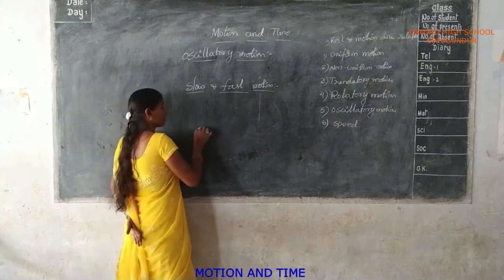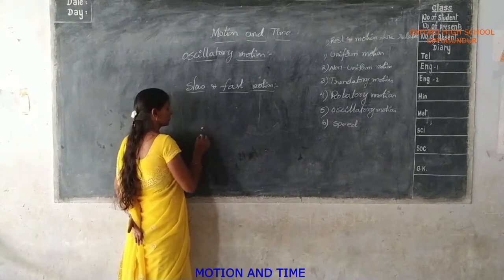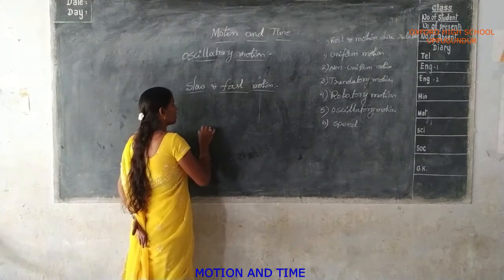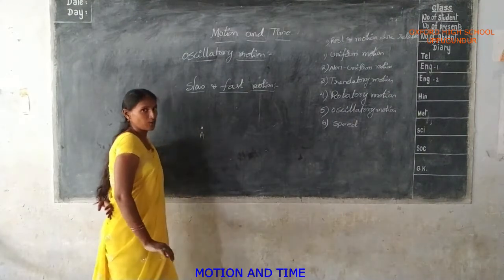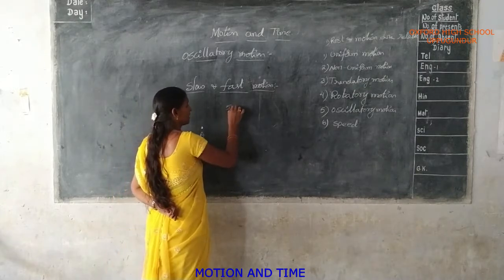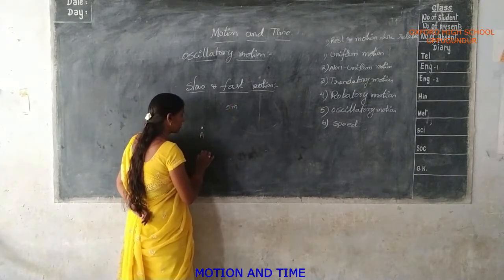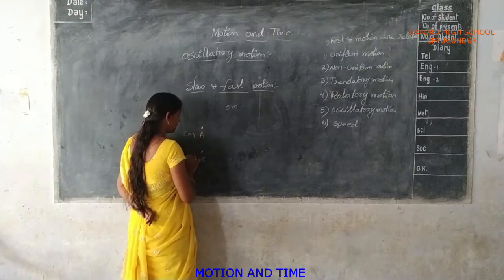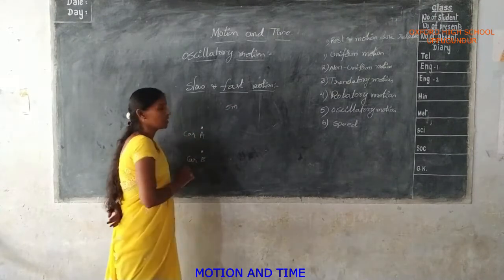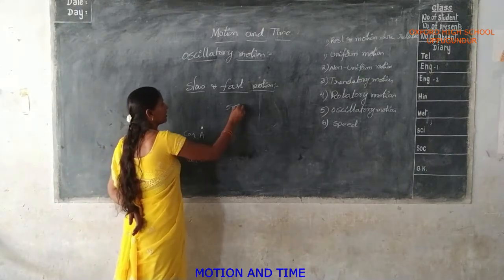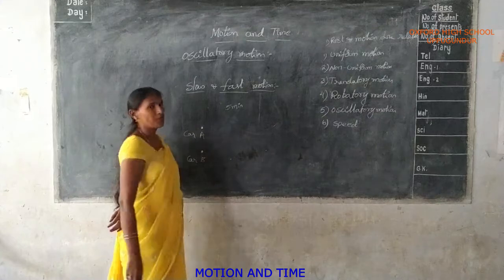Now take one object, at position A. The time interval is the same for each; take 5 minutes. One more object is B. Here take two cars, car A and car B, with a time interval of 5 minutes.